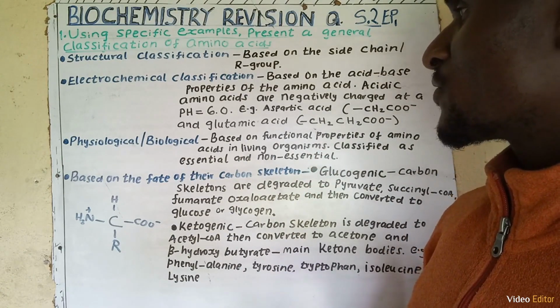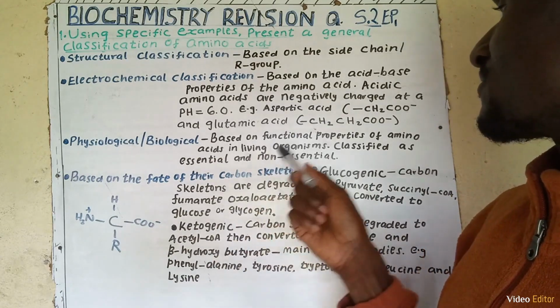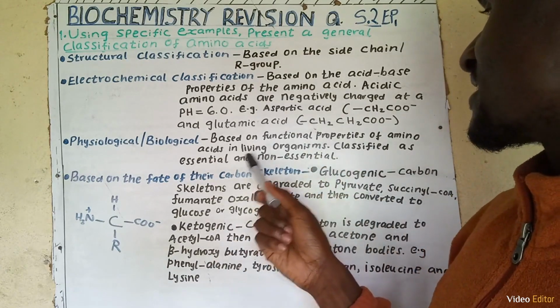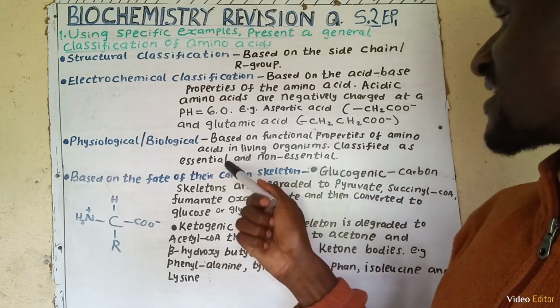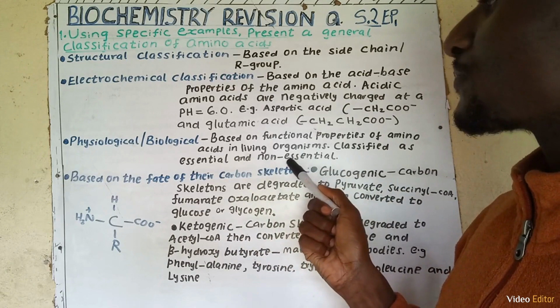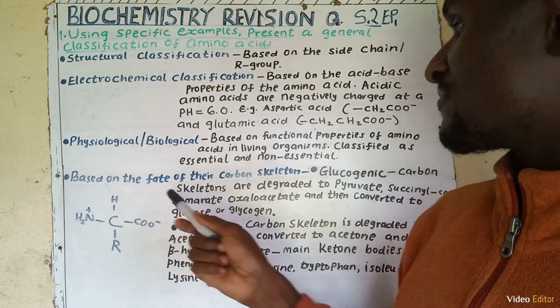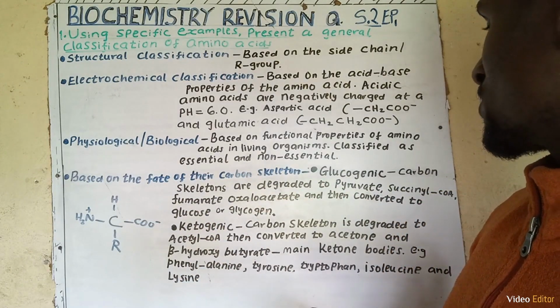We go to physiological or biological. Here it's based on functional properties of amino acids in living organisms. So it can be classified as essential and non-essential. Then we have based on the fate of their carbon skeleton.